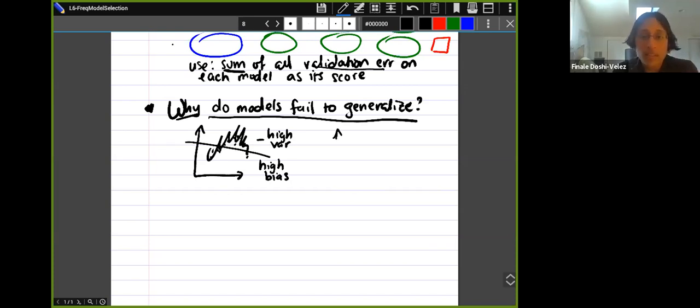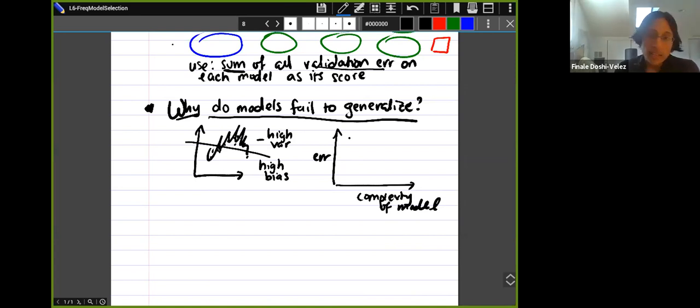And the intuitive picture here, if we're looking at the complexity of the model and we're looking at the error, is that as the model gets more complex, it can model more and more fancy things. So the bias is going to go down. But then as the model gets more and more complex, it can do all sorts of crazy wiggly stuff, and so the error due to the variance is going to go up.